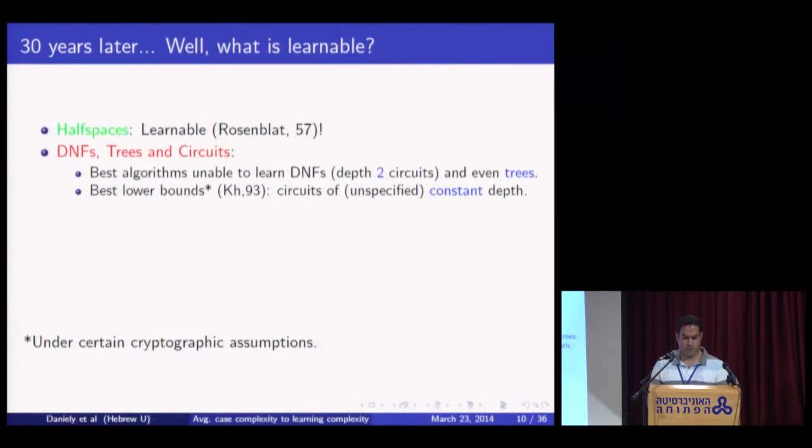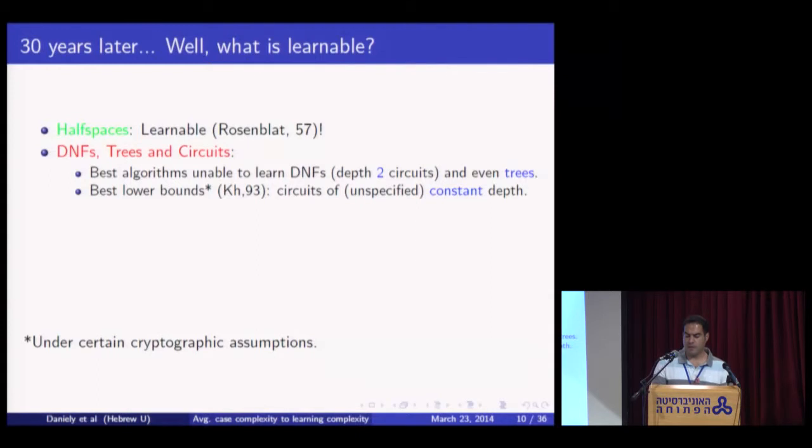Okay, but what happens if we go a bit further? If we look at DNF or circuits, then the best known algorithms are unable to learn even DNF formulas, which are depth 2 circuits, and not even decision trees, which are a subclass of DNF formulas.